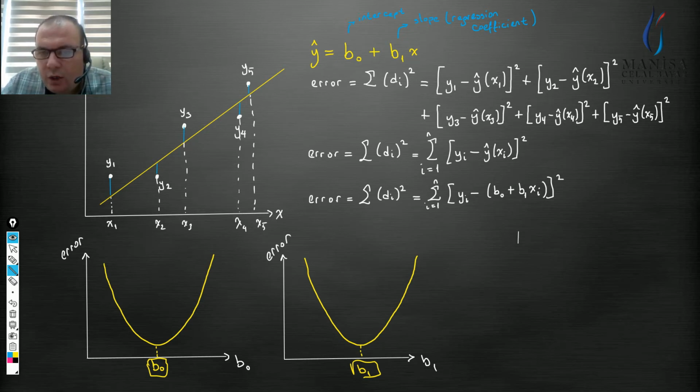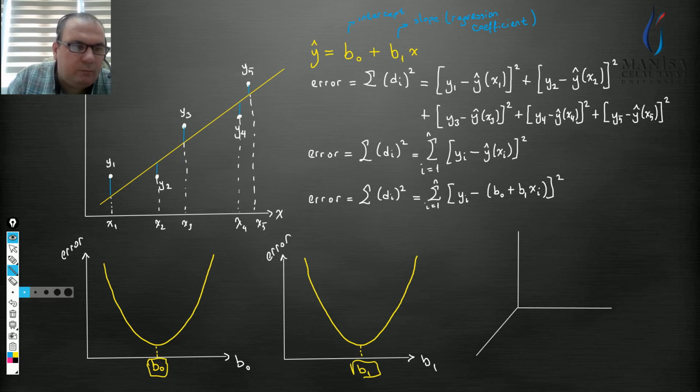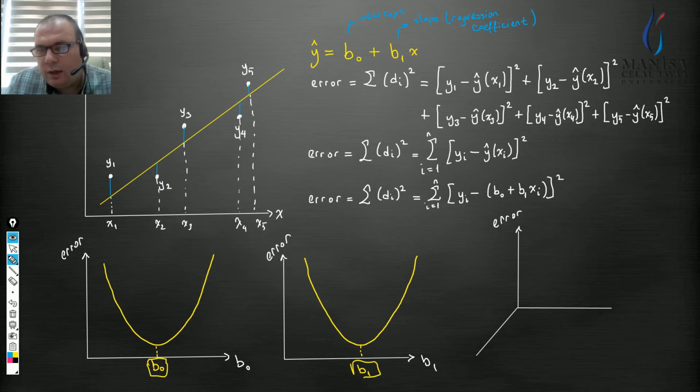So I have an error function on, for example, the z-axis, and two different regression coefficients. This time we have our total error here, and we have our b0 here, and we have our b1 here.